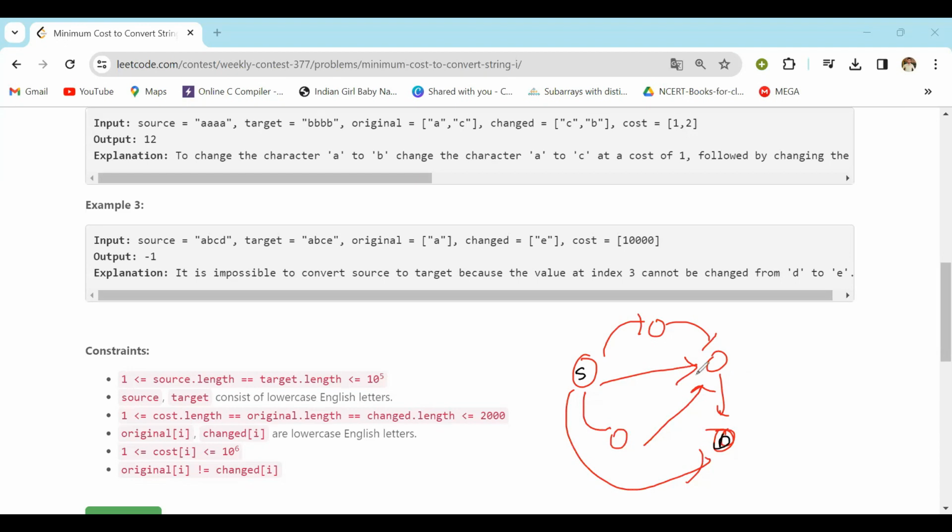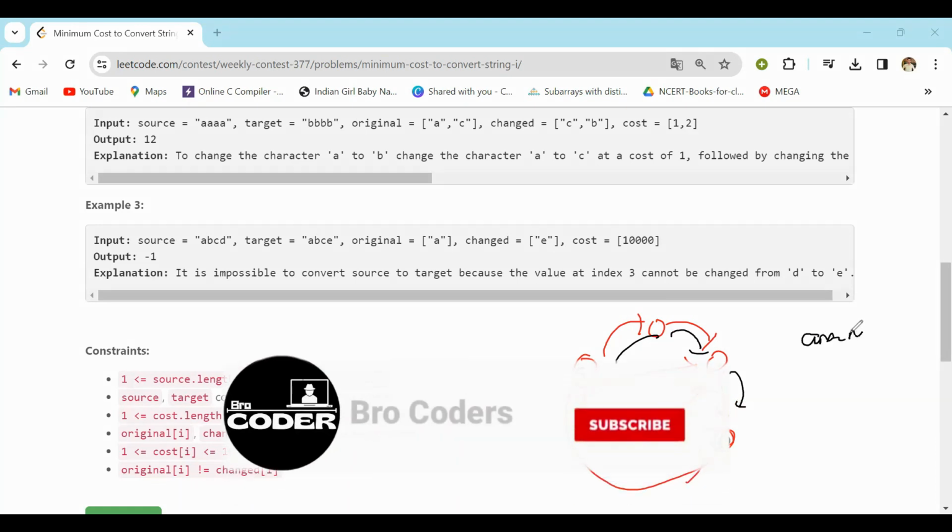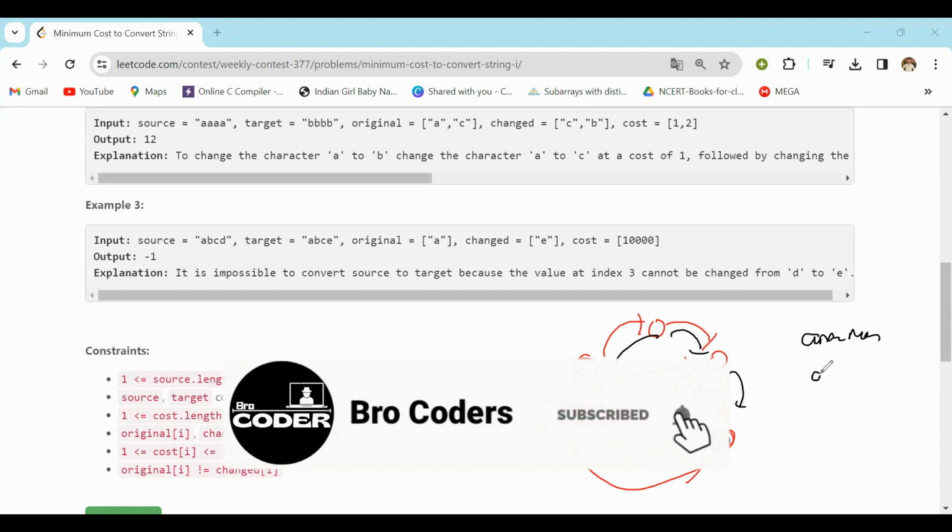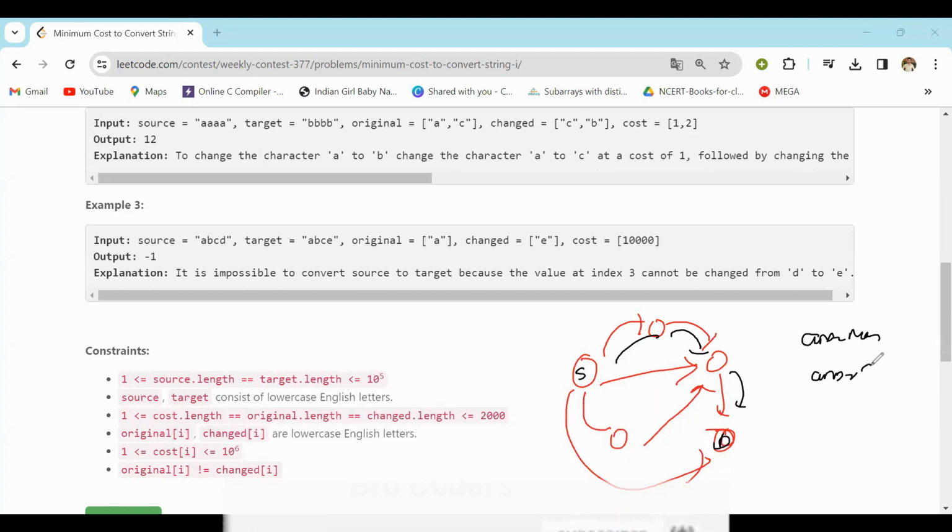So what shall we do? Let's say we are doing it by DFS. We go here, then from here we again go here, from here we go here, and we reach our destination. So in the answer we can update our distance. Let's say the answer is max. The answer is nothing but the minimum of the maximum of this.